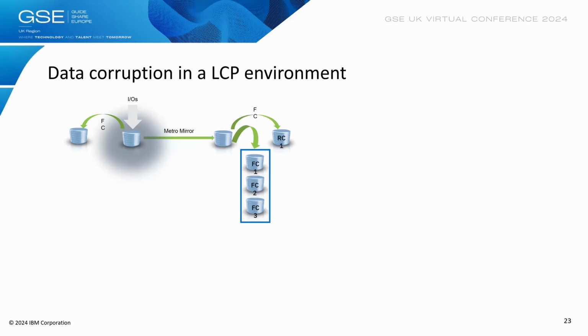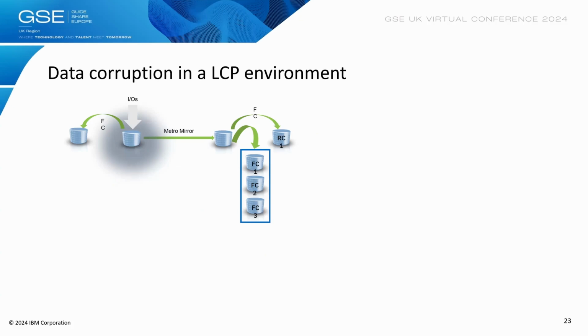So now here is an example of the same data corruption scenario in an LCP environment. We still have a GDPS Metro single leg environment with primary disk being synchronously replicated to the secondary site.